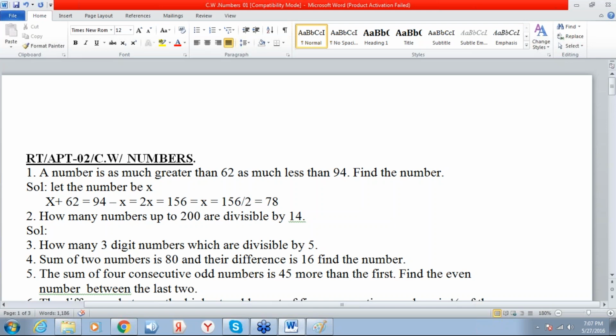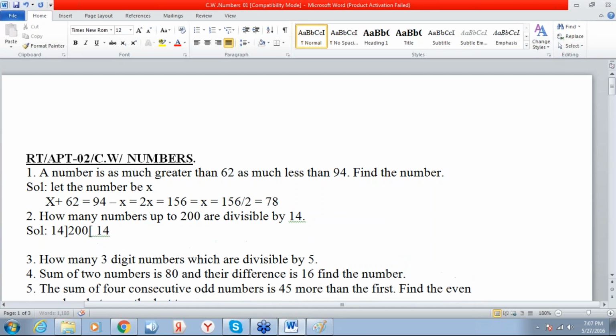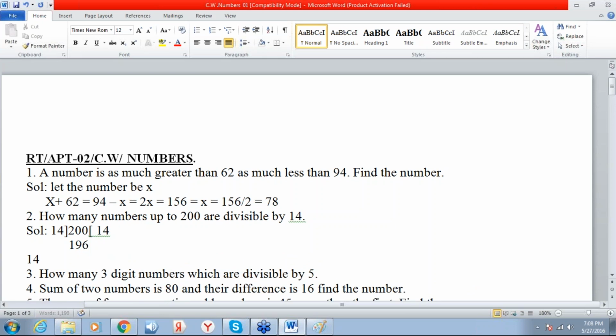So 14 numbers. Disregard the other values. Answer is 14 numbers.